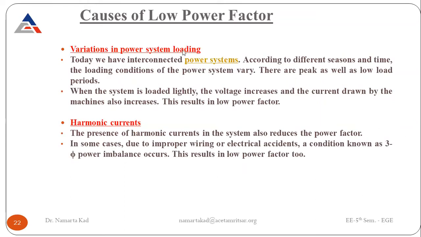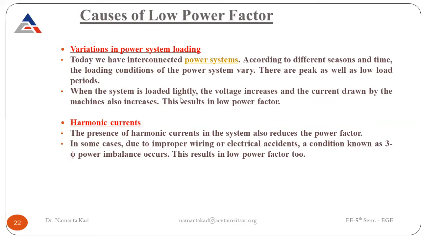And some other causes are like variation in power system loading. So it's another cause. Today we have interconnected power systems. All our power systems, the power grid, is interconnected for the whole country. And according to the different seasons and time, the loading conditions of the power system vary. There are peak as well as low load periods.